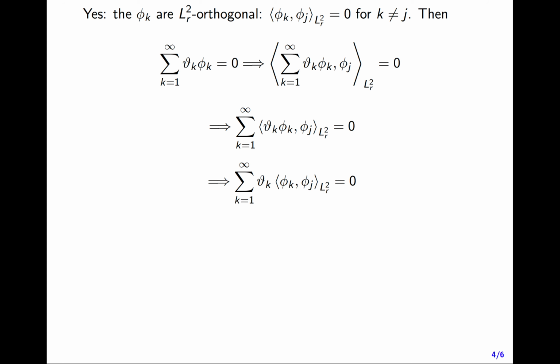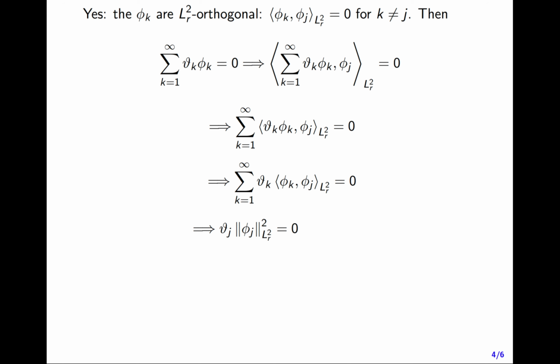And then I pull that theta k out of the inner product using algebraic properties of the inner product. So I have the sum from k equals 1 to infinity of theta k times the inner product of phi k with phi j equals 0. But I know these inner products of phi k with phi j, they're all 0 except in one special case, namely, in the case that k equals j.